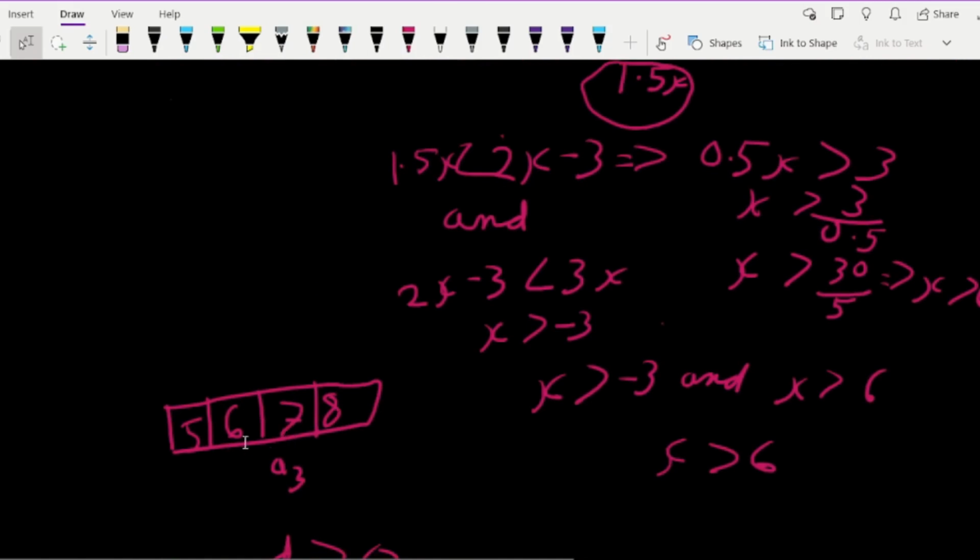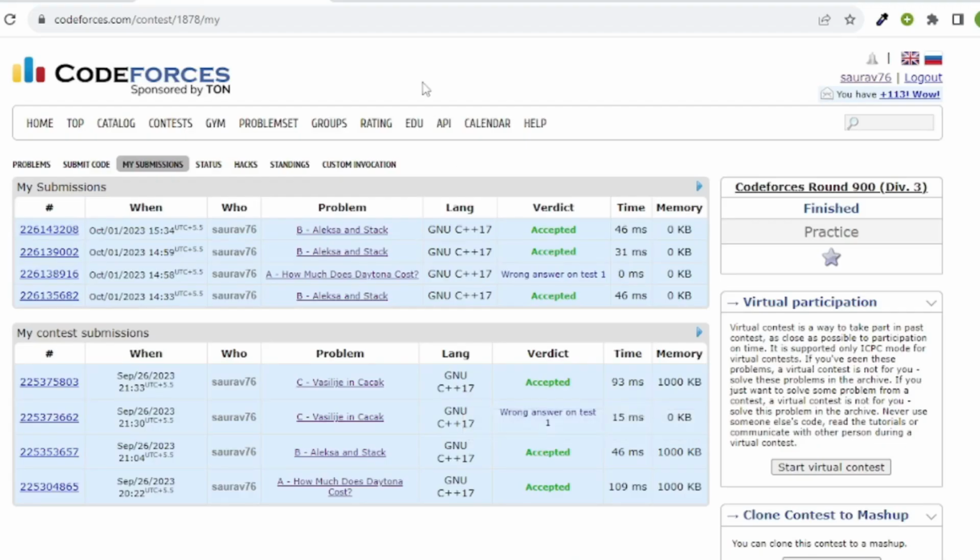For this minimum value of a3, we are getting the minimum value of a1 as 5. But if I try to start from 4 and then move on, this will not work. I will show you here by executing it.